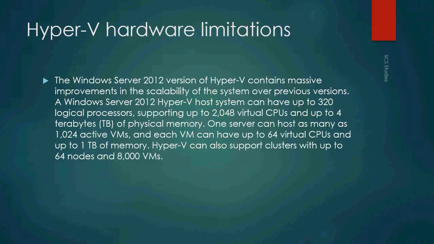It supports up to 4 terabytes of physical memory. One server can host 1024 active VMs, and each VM can have 64 virtual CPUs and up to 1 terabyte of memory. And Hyper-V also supports clusters up to 64 nodes and 8,000 VMs as well.